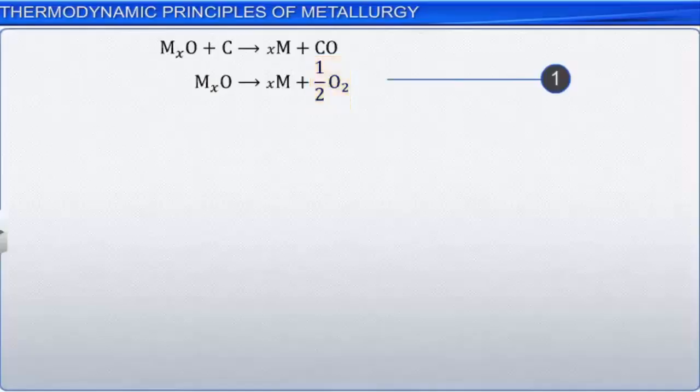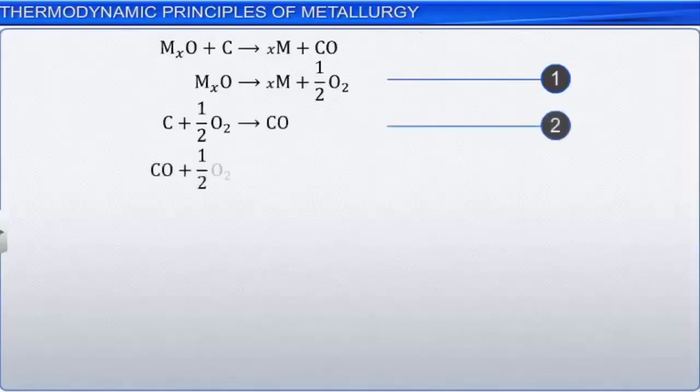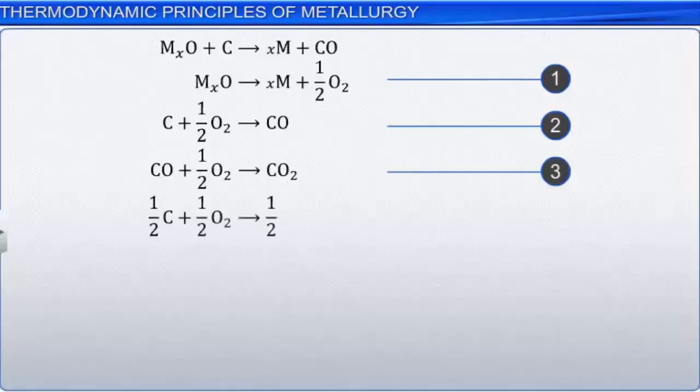If carbon and carbon monoxide are used as reducing agents, then the reaction can be represented as C plus half O2 gives CO. CO plus half O2 gives CO2. And half C plus half O2 gives half CO2.